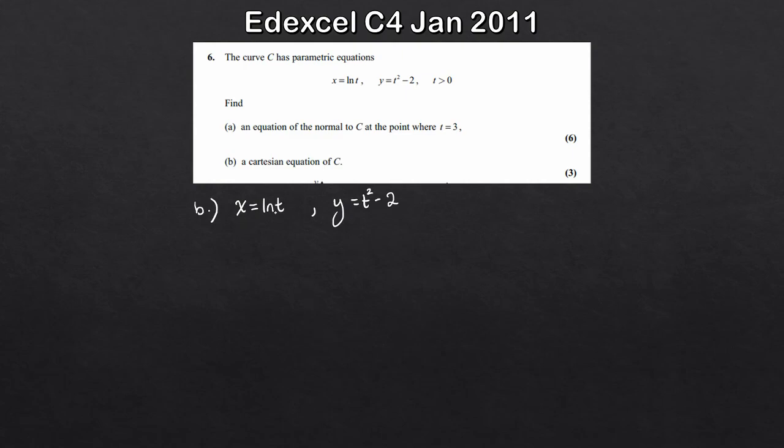So if x is equal to ln t, to get this in terms of t, I'm going to have to anti-log here. Okay, so exponentiate both sides. So what I get then is that t is equal to e to the x. So if t is equal to e to the x, all I do then is sub this into y. So now sub into y.